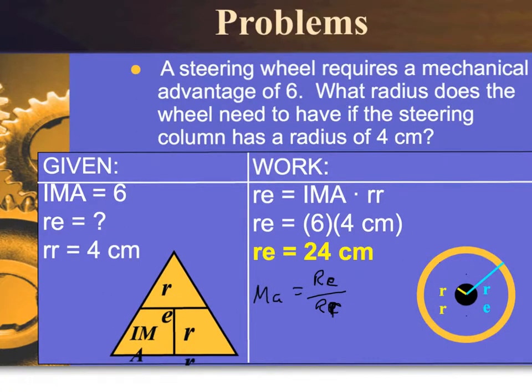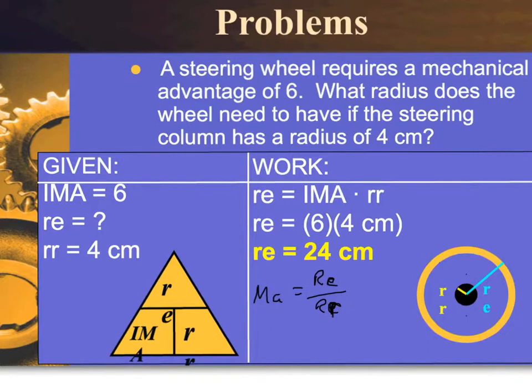Here we have a mechanical advantage problem dealing with the steering wheel. Now, a steering wheel requires a mechanical advantage of 6. What radius does the wheel need to have if the steering wheel column has a radius of 4 centimeters? Well, this is a wheel and axle problem, so our mechanical advantage is going to be our effort radius divided by our resistant radius.